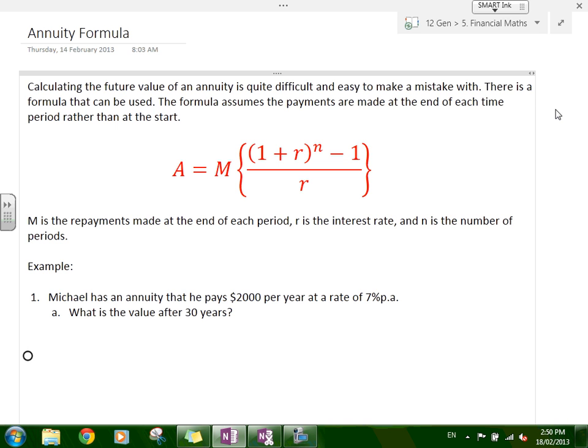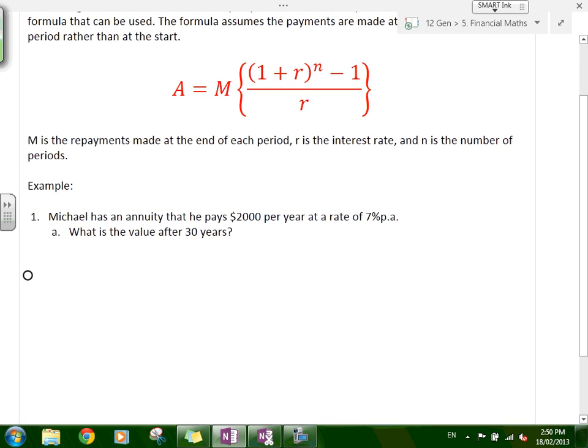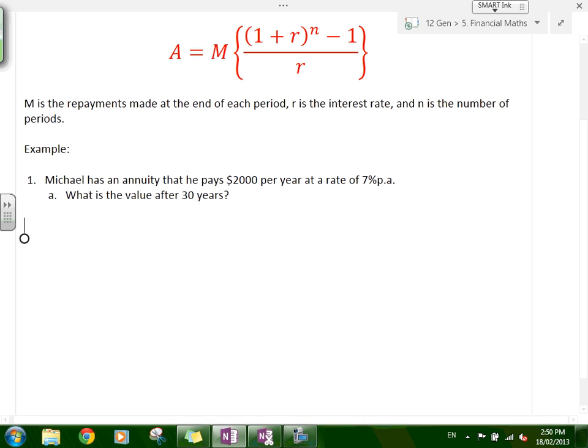So, copy that down. I'll do the first example with the formula showing there. Example: Michael has an annuity that he puts $2,000 into per year at a rate of 7% per annum. So we can work out its future value after 30 years.